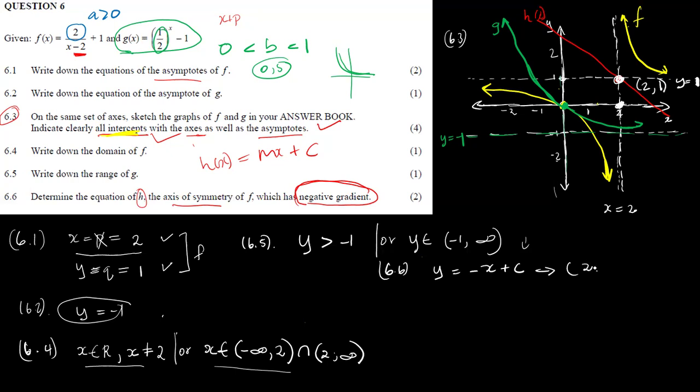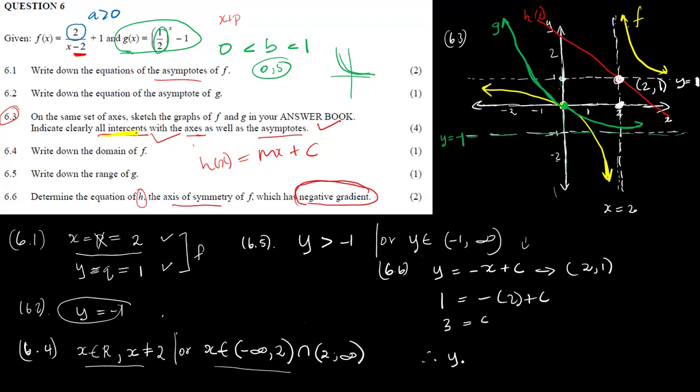So the axis of symmetry passes through the origin of the asymptotes, which is (2;1). So we substitute our y, which is 1, and our x, which is 2, into y equals -x plus c. Let's solve for c then. It's going to be -2, and when it comes to this side it's going to be +2. Therefore, our c will be equal to 3.